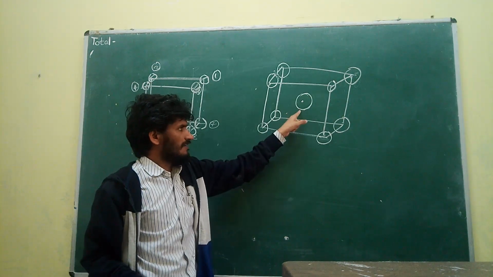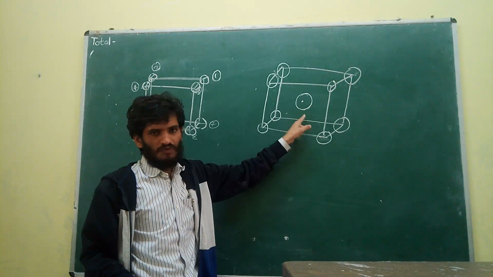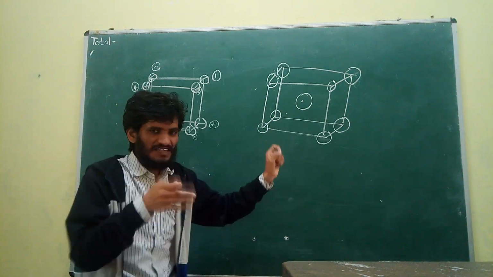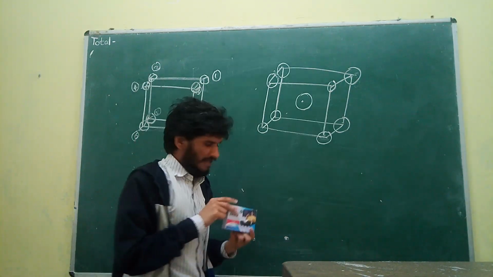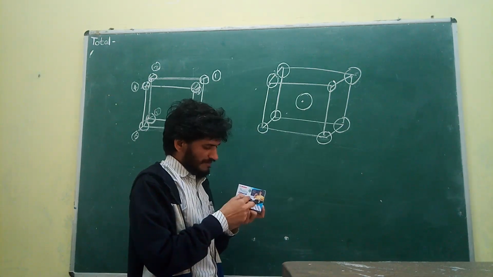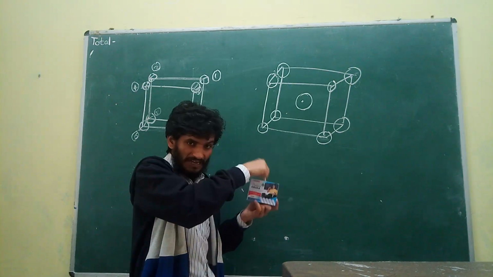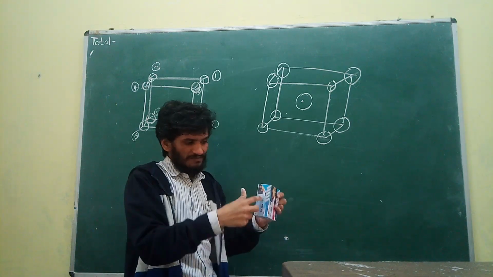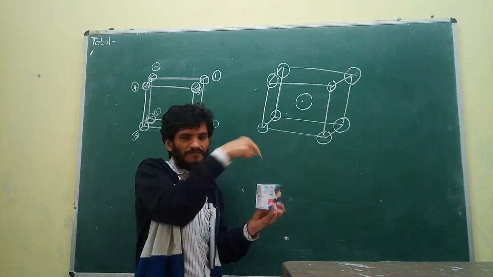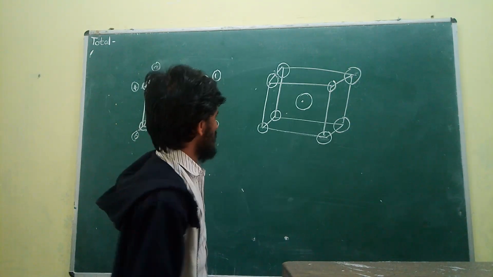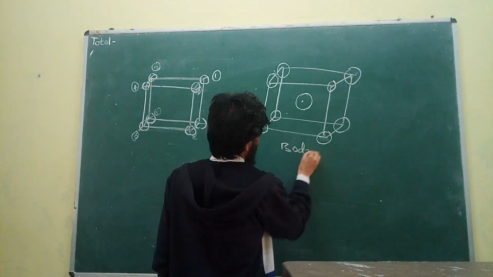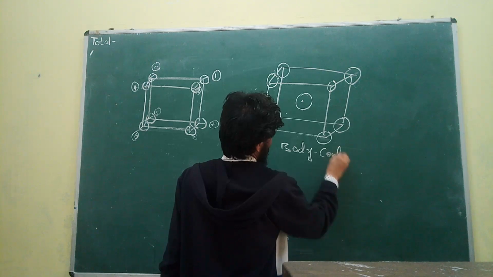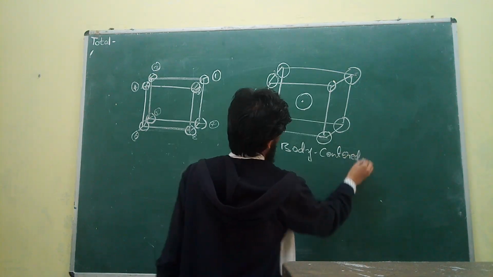The unit cell which has a lattice point in the center position is what? The center position is not face centered. It is in the body center, meaning the lattice point is not present on the face; in between, in the empty space, in the middle of the space, it is present. That we call body centered. Understand?